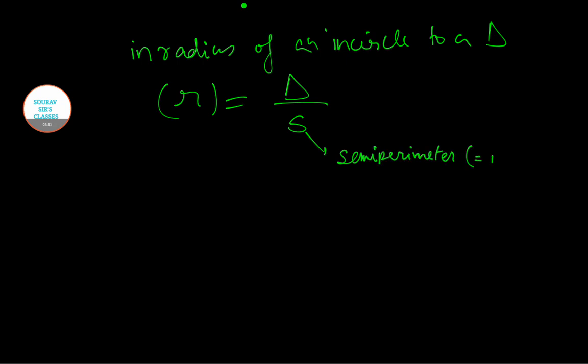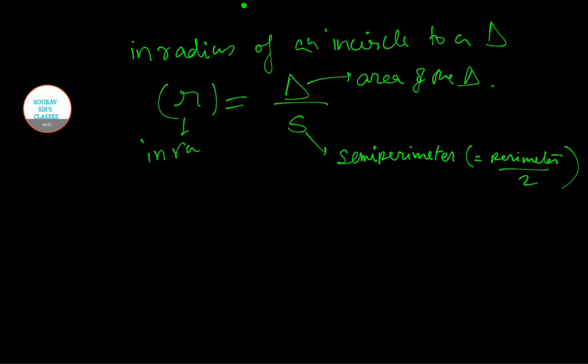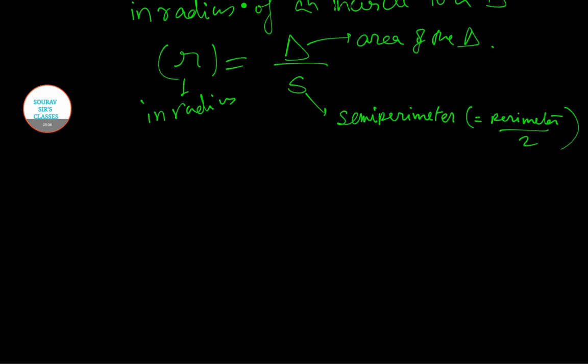which is equal to perimeter by 2, and delta is the area of the triangle. So inradius is equal to area of the triangle by the semi-perimeter.